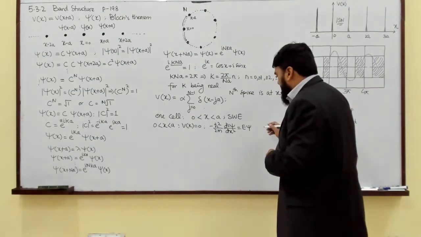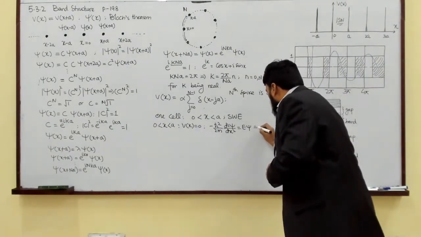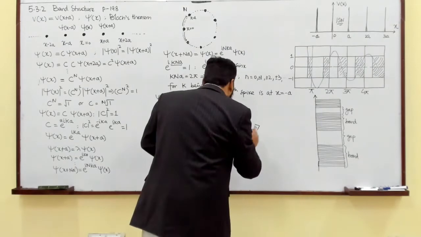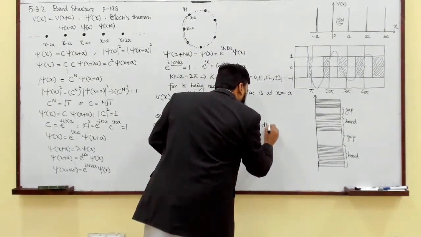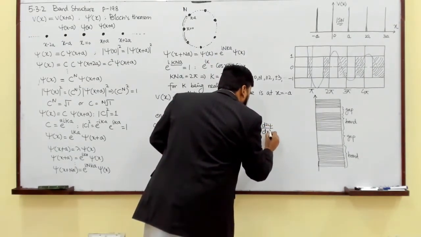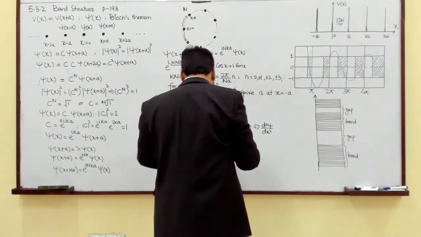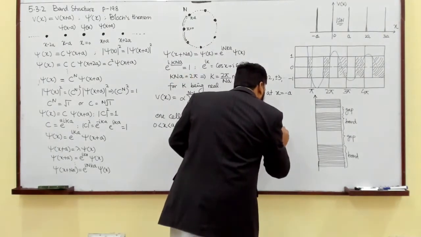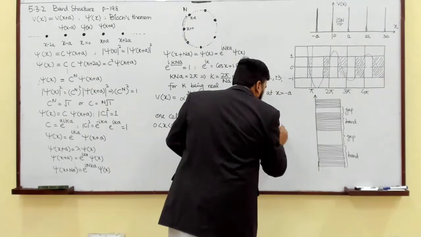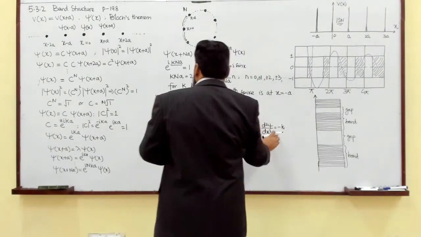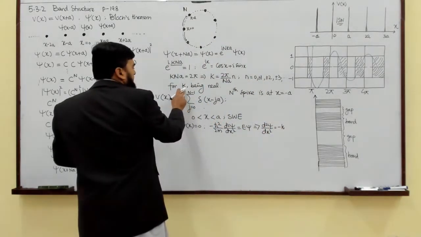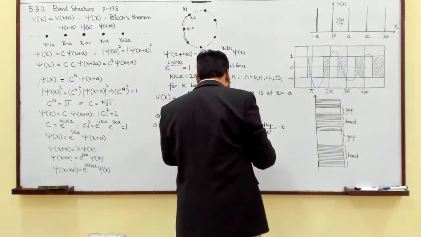And now, as I did earlier, I will do those steps here. That d square psi over dx square will become minus small k squared psi. This is different from the big K; here it's small k.